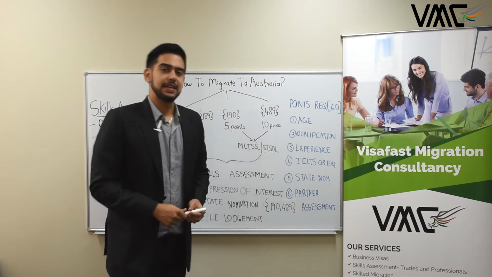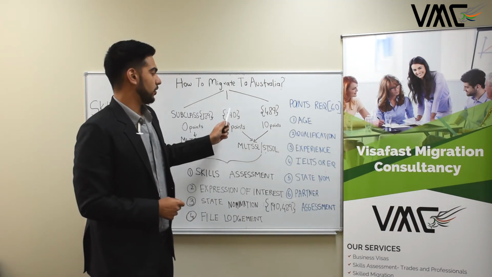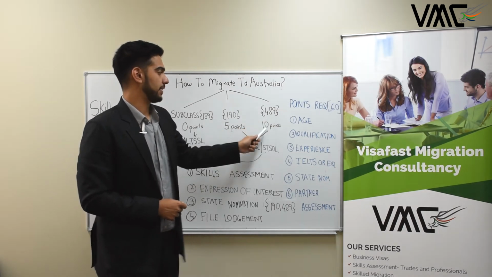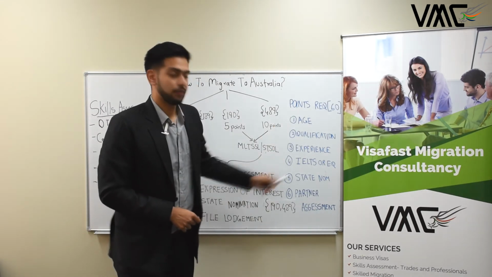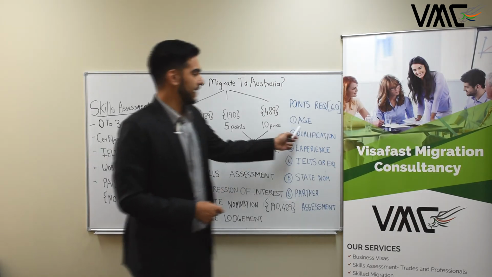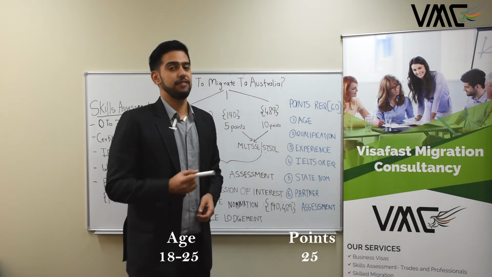The points benchmark is 60 points, inclusive of the nomination points given by the state. 190 will give you 5 points and 489 will give you 10 points. This is the breakdown of how to calculate your points if you're applying from offshore. Age: if you are between 18 and 25, you get 25 points.